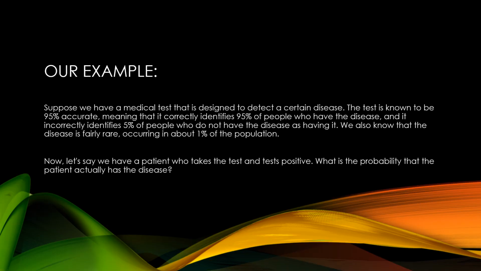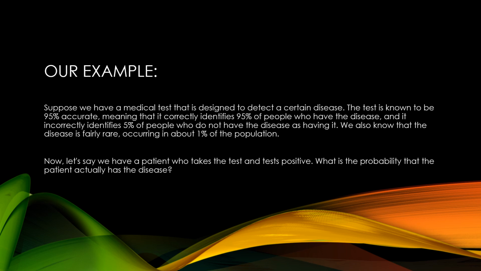Next example. So let's go ahead and suppose we have a medical test that is designed to detect a certain disease. A good one to use right now would be COVID, right? COVID is something that is still present today, but we get issues with that all the time. So let's take a look. This test is known to be 95% accurate. I just want to say this is not based off of code numbers.